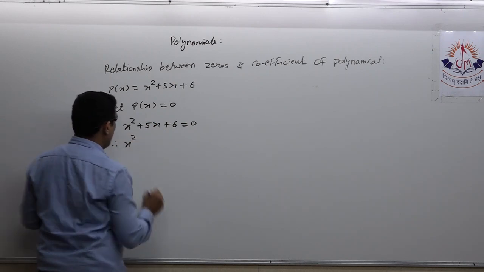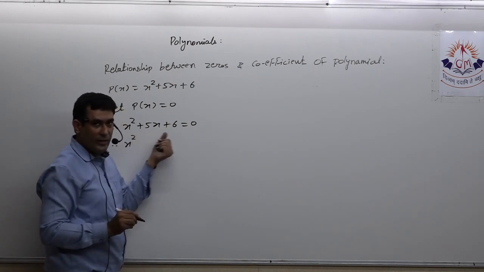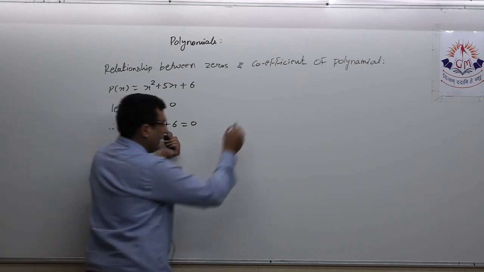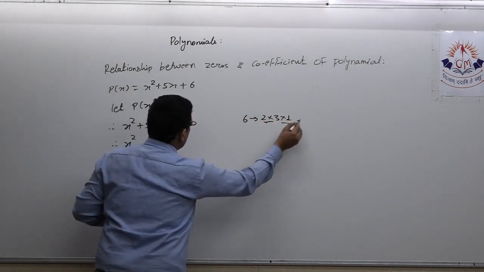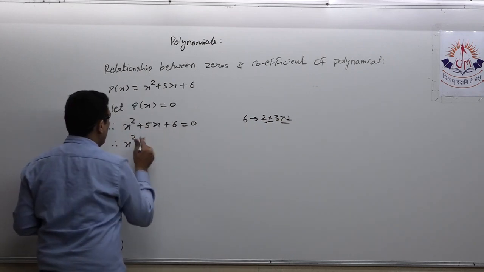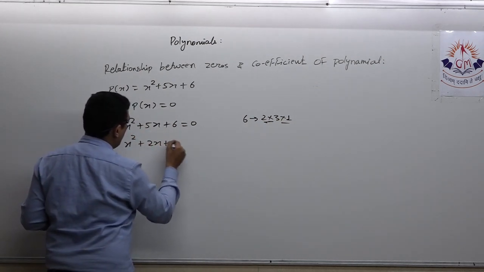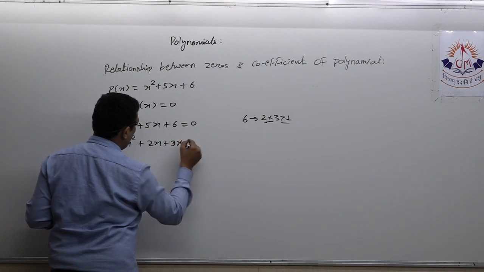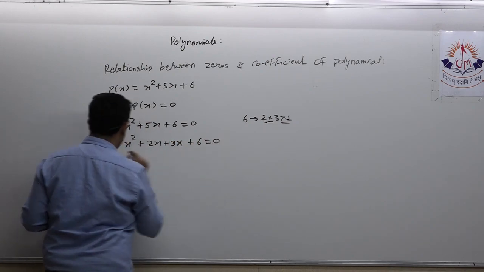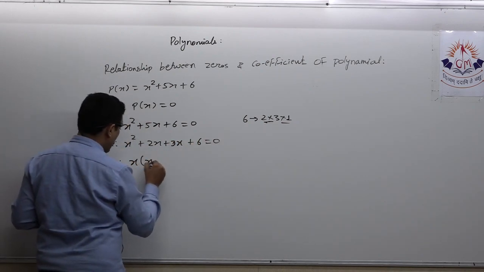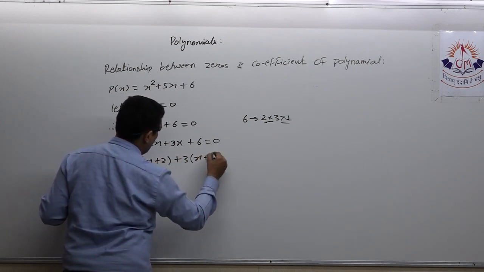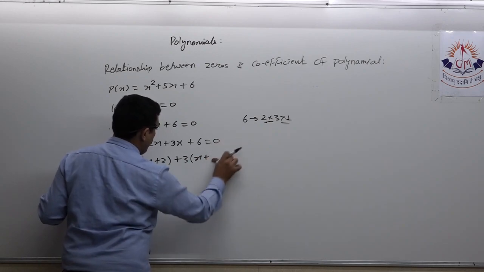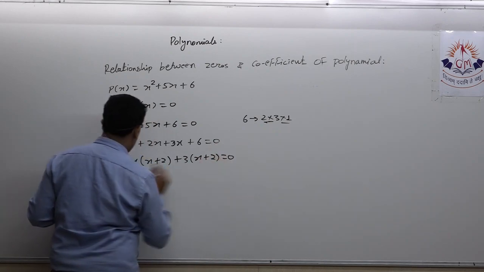Now here we have to split the middle term, that means 5x. For that we will find the factors of 6, that are 2, 3 and 1. Using these we obtain the middle term. So 2x plus 3x, because their sum is 5x, plus 6 is equal to 0. So x is taken common, x plus 2, 3 is taken common, x plus 2 is equal to 0.